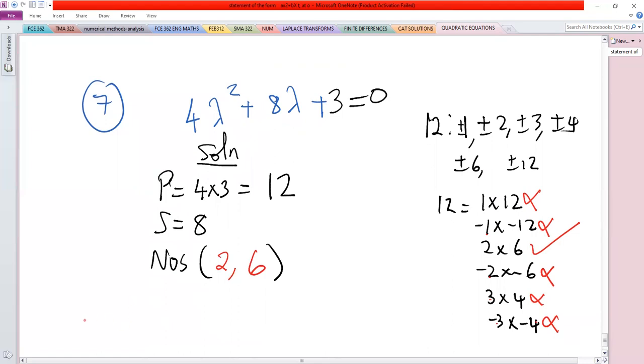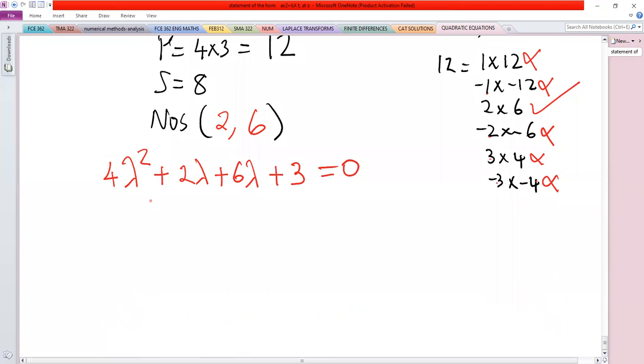So this implies that 4 lambda squared plus 2 lambda plus 6 lambda plus 3 equals 0. Now pair this and pair this. Common here is 2 lambda into 2 lambda plus 1.